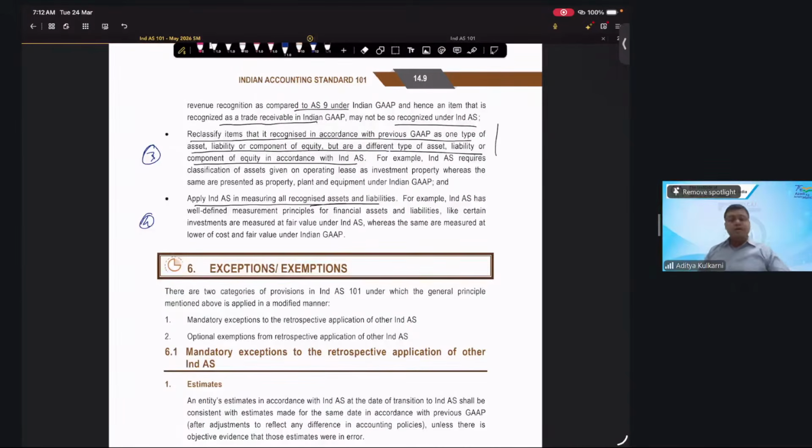It seeks to give a turnaround, another path in which you can ultimately say you have converged to Ind AS. So therefore, you are going to have certain treatments in this particular standard, which would be an easier way of implementing a particular Ind AS. That is why Ind AS 101 was brought about. Is it okay? Yes.